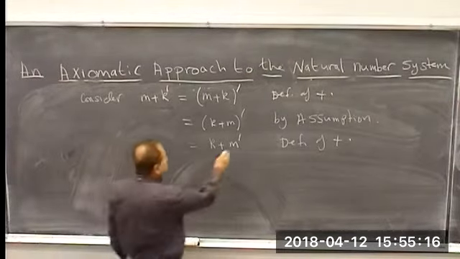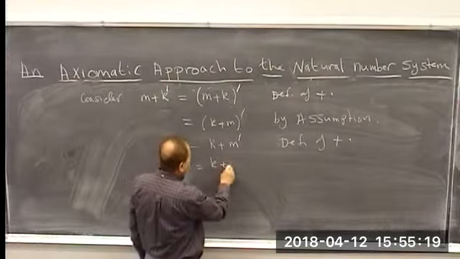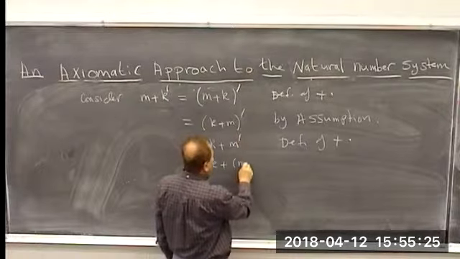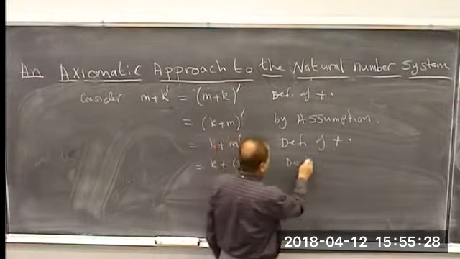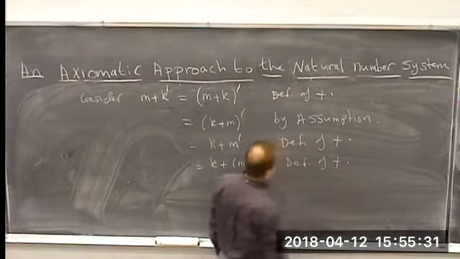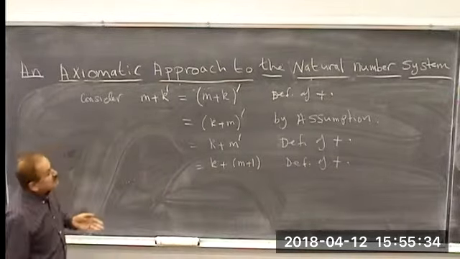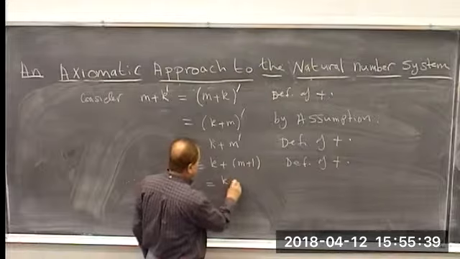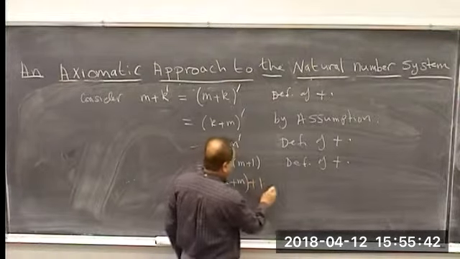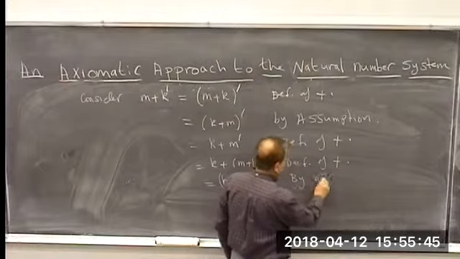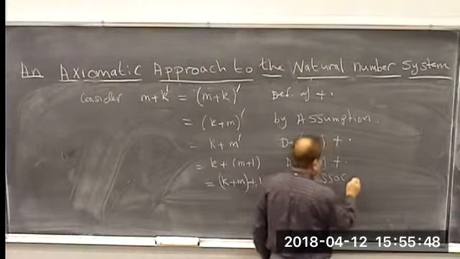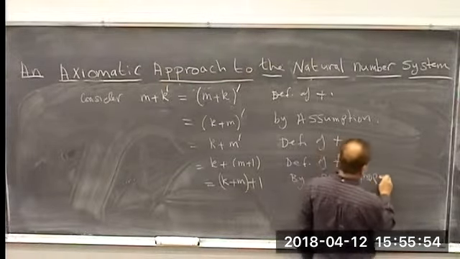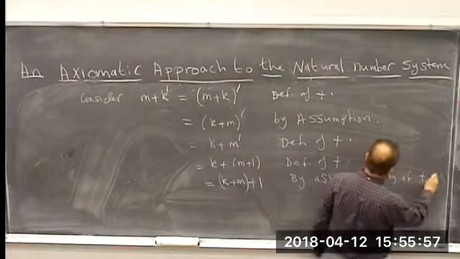I want to use that definition of addition again to replace the successor of m by m plus 1. Okay, so this is definition of addition again. Now I want to use the associative property. I could write this as k plus m plus 1. This is by the associative property of addition, which we already proved, right?